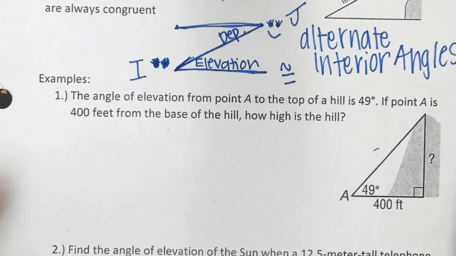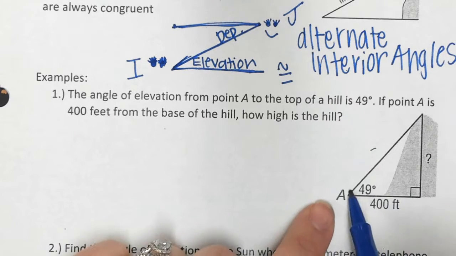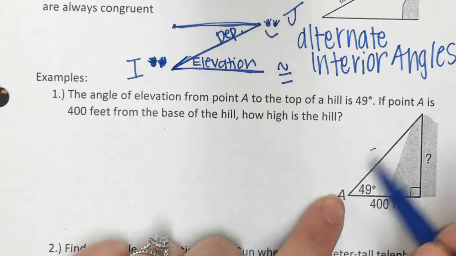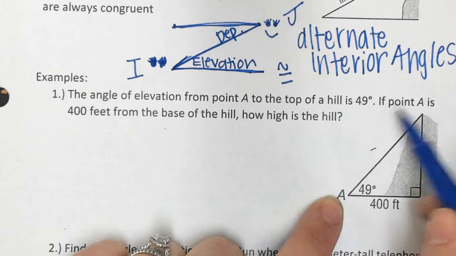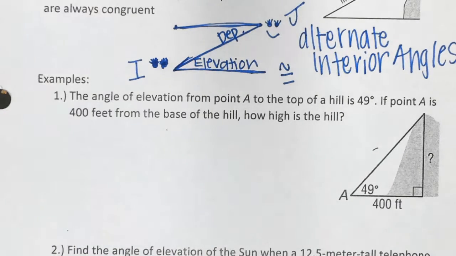Example: the angle of elevation from point A to the top of the hill. So this is horizontal. Elevation, because it's going up, is 49. If point A is 400 feet from the base of the hill, how high is the hill? You still have to use trig. Okay, this is just adding on.